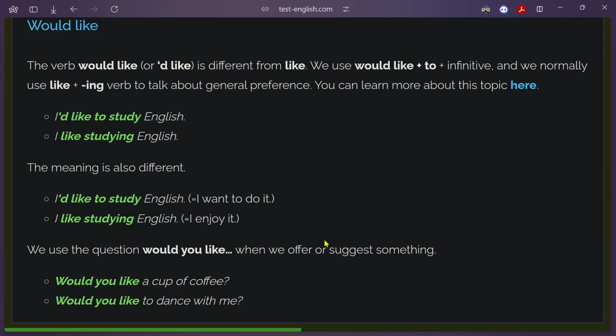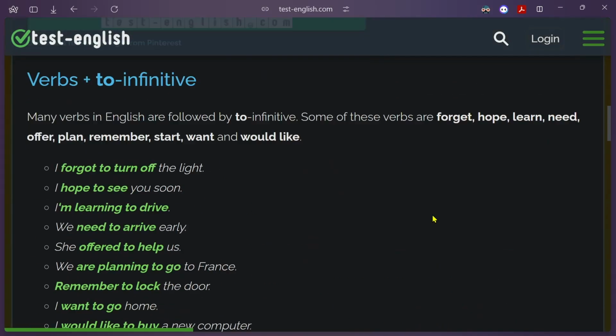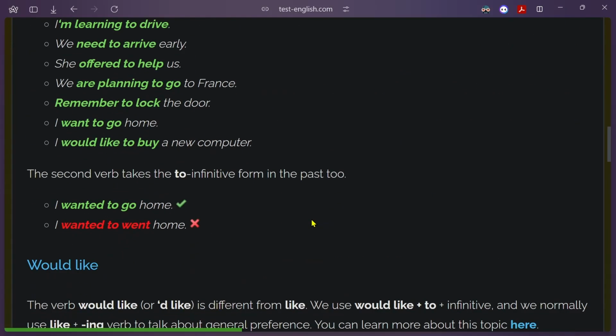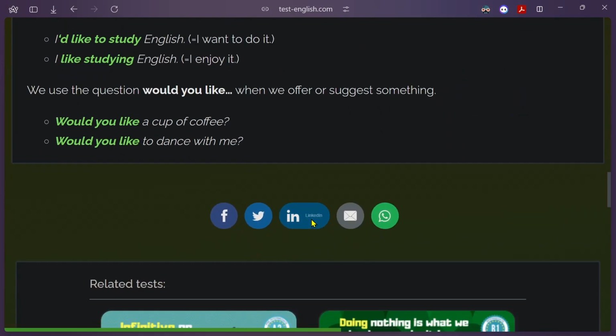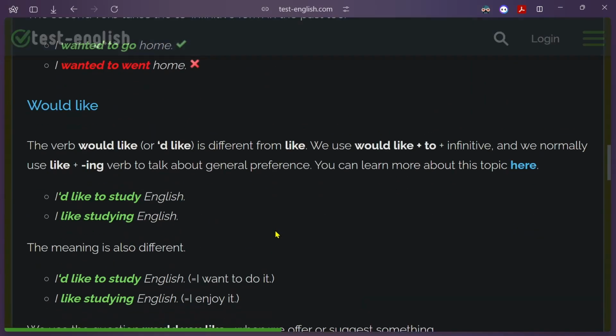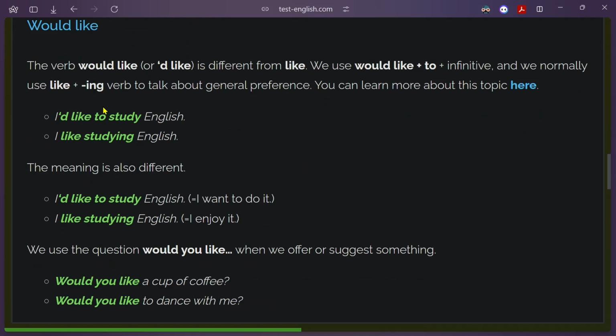Yeah, forget is a verb. Forget. Hope. Would like, want, hope. I hope to. Yes. I forgot to. Yes. Okay? So you just have to use these verbs a lot and get used to them like this.